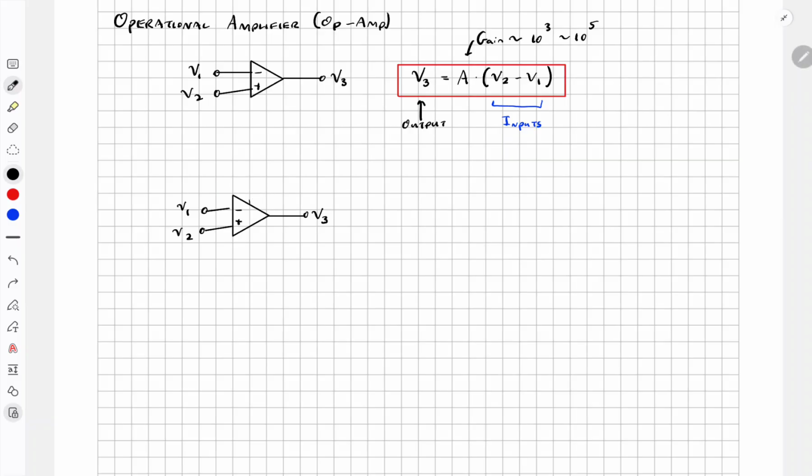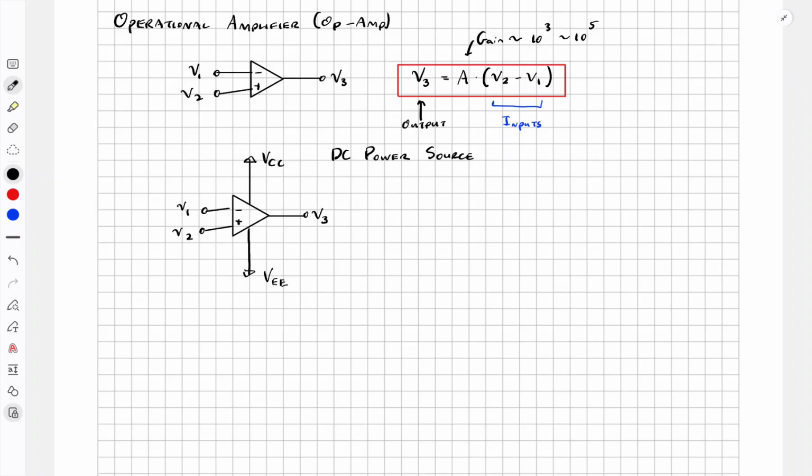In the case of this op-amp, there are two pins in addition to the input and output. The top pin we call VCC, and the bottom pin we'll call VEE. These are DC power sources. It depends on how the op-amp is made. In this case, the op-amp is made using a type of transistor called the BJT.